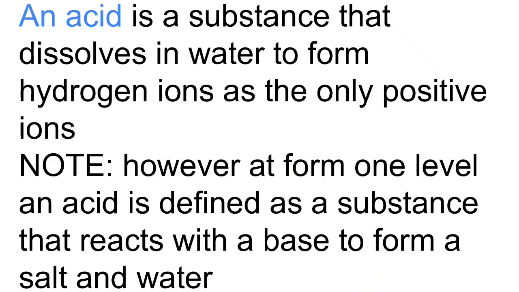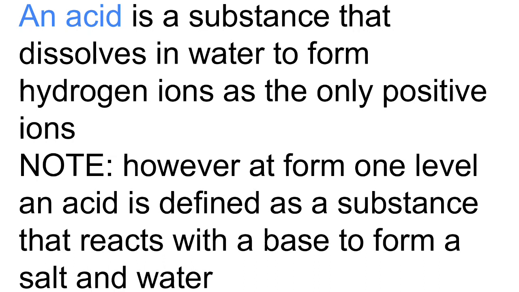Now, an acid can also be defined as a substance that dissolves in water to form hydrogen ions as the only positively charged ions. However, at Form 1 level, you can just define an acid as a substance that reacts with a base to form a salt and water.